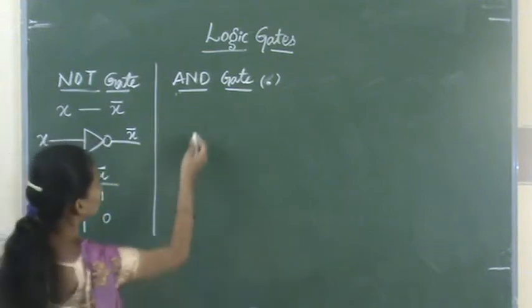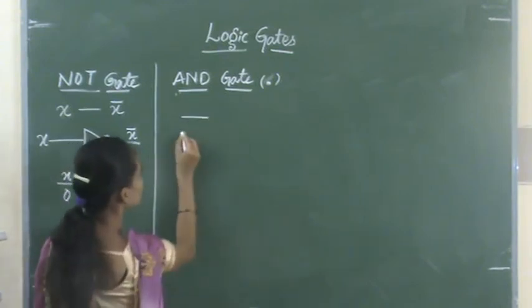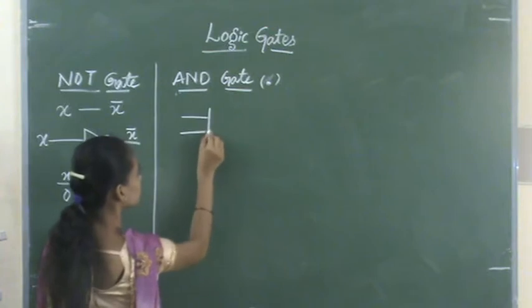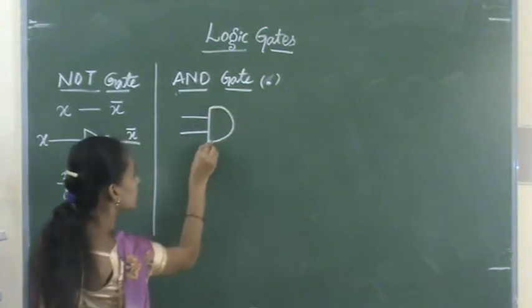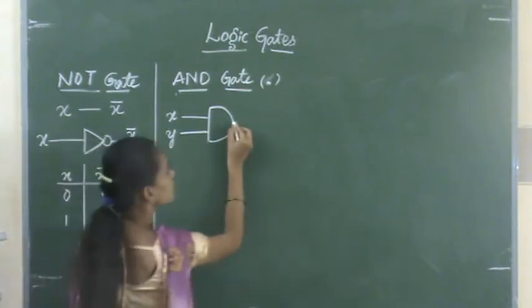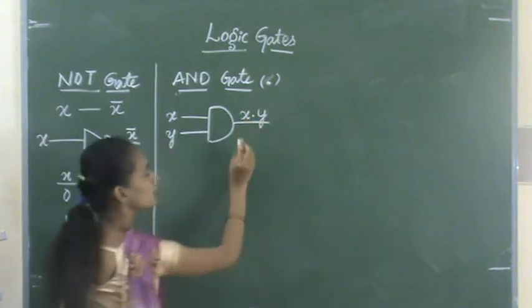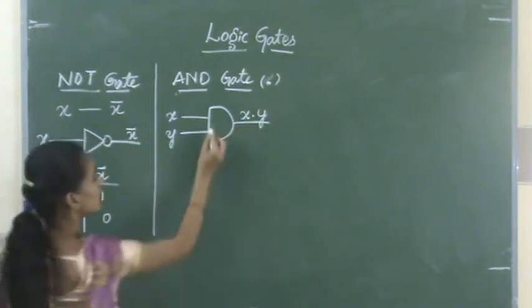We use two inputs for the AND gate. The symbol is like this. If you provide x and y as two inputs, the output is x into y. Like this we represent the AND gate.